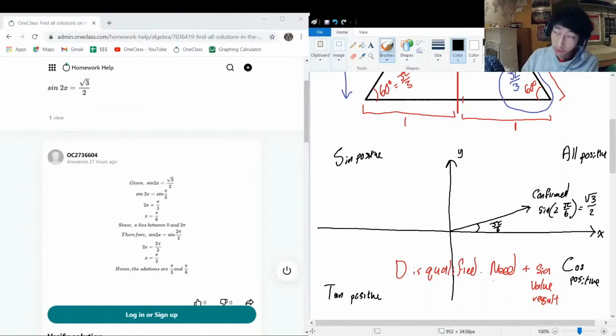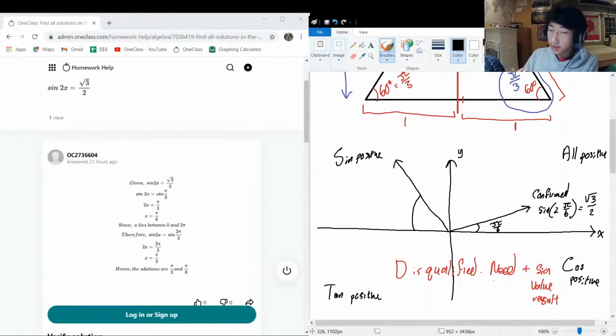Okay, so somewhere between 90 degrees and 180 degrees, we're going to find that sine of 2 times one of those angles gives us root 3 over 2. Let's think about this a little more. We want to think about what's going to give us root 3 over 2. Essentially we're looking for a situation like this, with an angle like this.